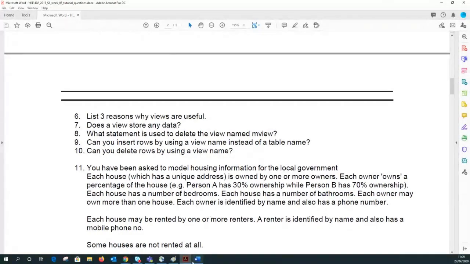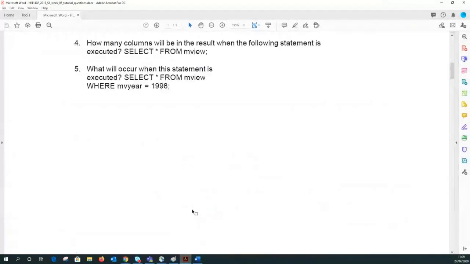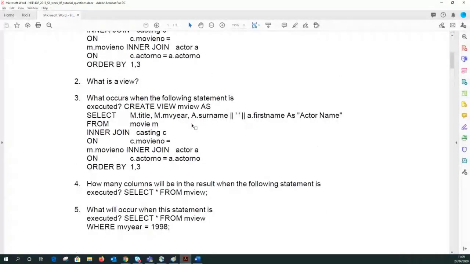So remember, I have told you, in this view, for example, we have selected the title column, movie year column, surname column, and the first name column. So we can now insert the data for all these columns as is, because the view selected these columns from the table.